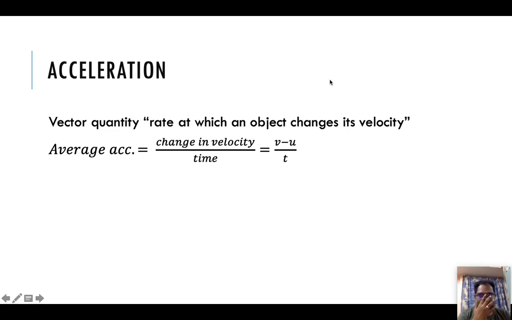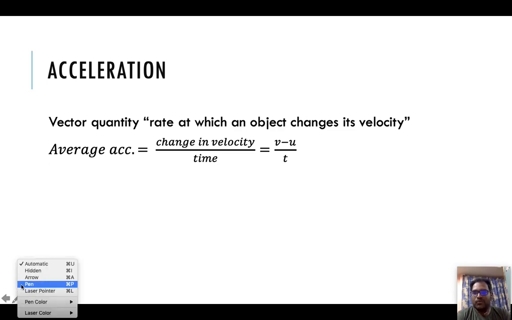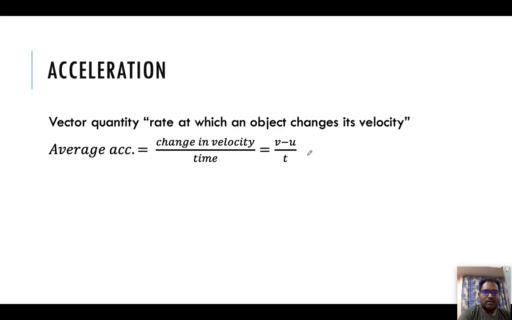The last one is your acceleration. Acceleration, very simple, is the change in velocity divided by time. So here the term u corresponds to the initial velocity and the term v corresponds to the final velocity. Here again we have 2 points. This is just for example.